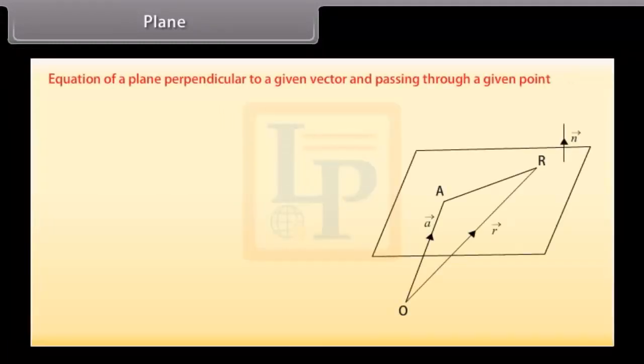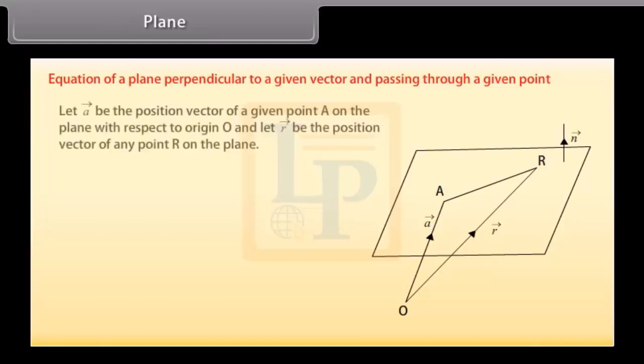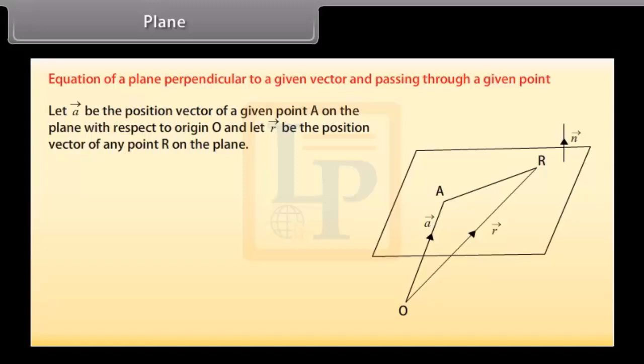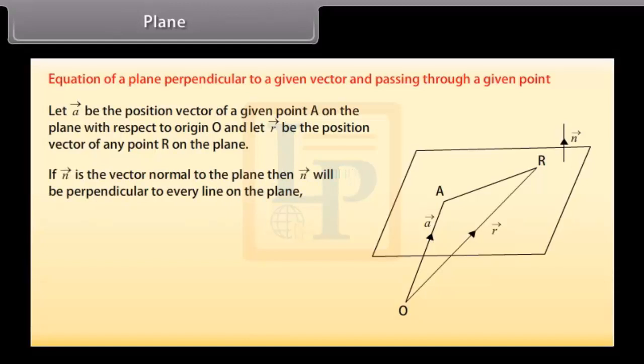Plane. Equation of a plane perpendicular to a given vector and passing through a given point. Let vector A be the position vector of a given point A on the plane with respect to origin O, and let vector r be the position vector of any point R on the plane. If vector n is the vector normal to the plane, then vector n will be perpendicular to every line on the plane.